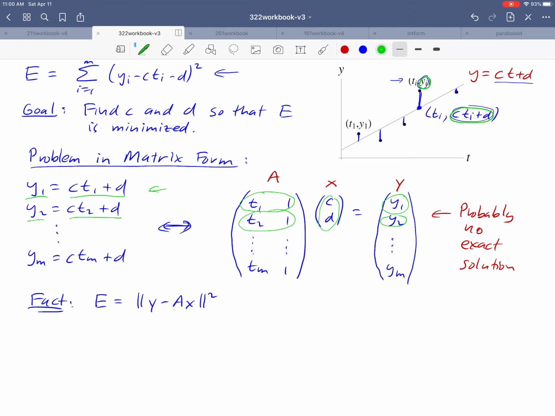Actually taking Ax, multiplying them together, we can see those two matrices up here, subtract it from y, take the norm squared the way we defined it, and you would discover that it gives you exactly the formula up here for E. It's just a different way of writing it down. And remind ourselves of our goal here again. We're looking for an x naught, a vector (c, d), the slope and the vertical intercept, that minimizes the error.